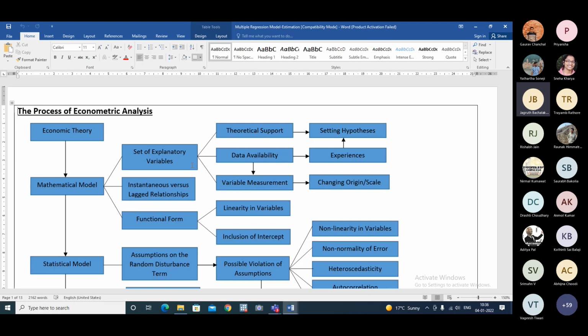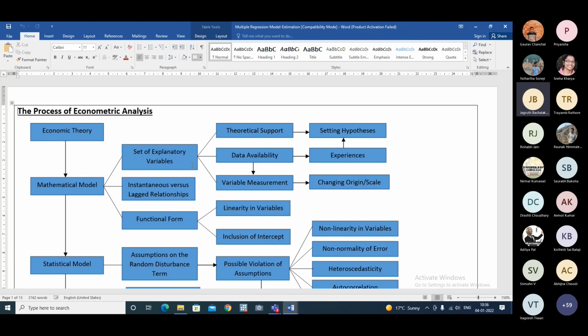But beyond this conceptual issue, there is another advantage. That is setting the direction of causality, whether income is influencing consumption or consumption is influencing income.